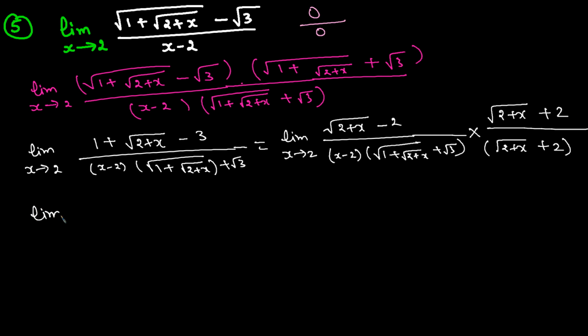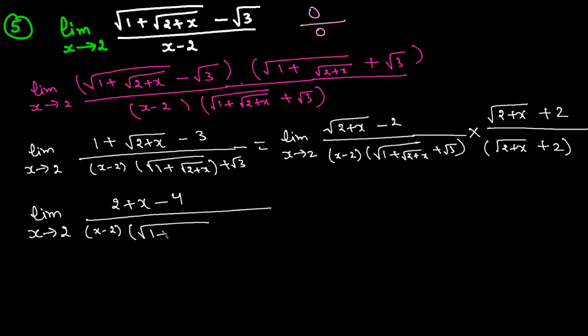The limit as x approaches 2, the square of this gives me 2 plus x, and the square of this term minus 4, and in the denominator we got x minus 2 into square root of 1 plus square root of 2 plus x plus square root of 3 into root of 2 plus x plus 2.